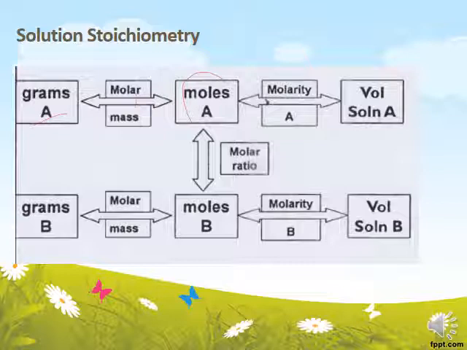If we have molarity and mole, we can always find volume. Or if we have molarity and volume, we can always find mole. Then we can relate substance A and substance B based on their molar ratio, the stoichiometric ratio just now, 1 mole reacts with 2 moles, producing 2 moles. So this is the stoichiometric molar ratio.